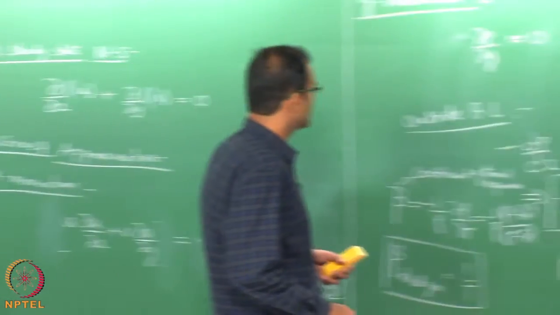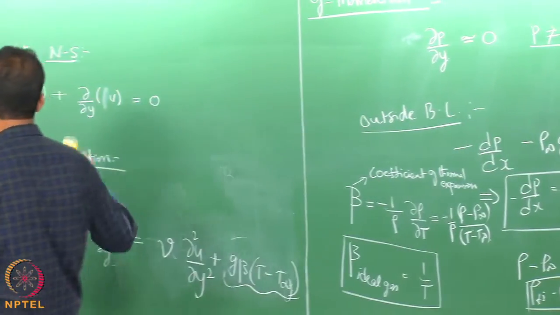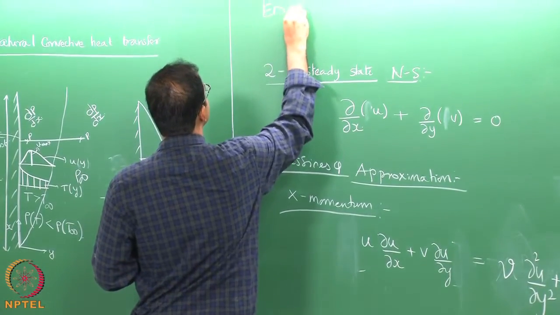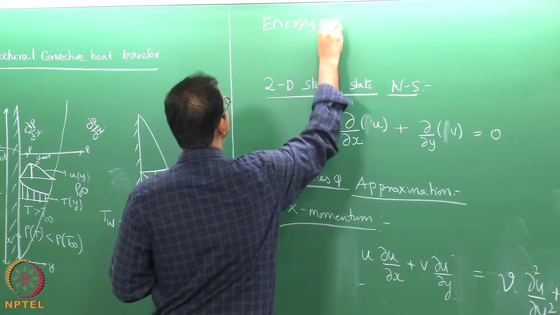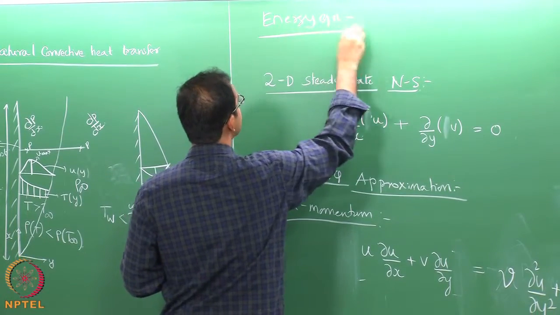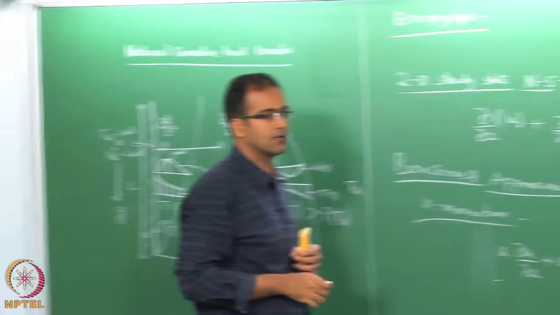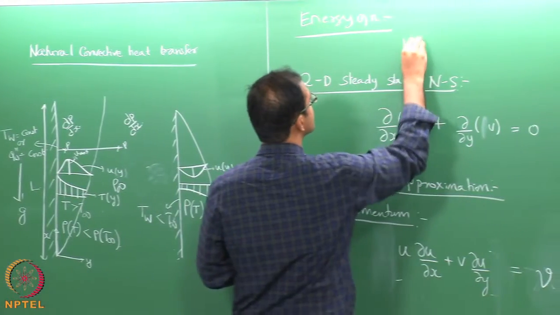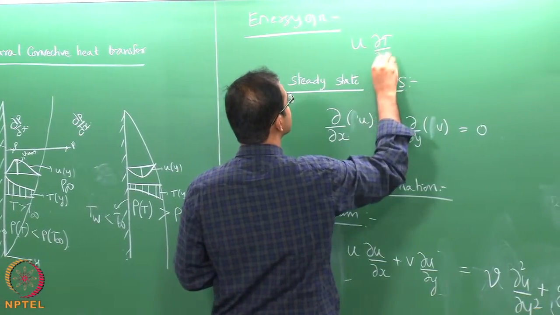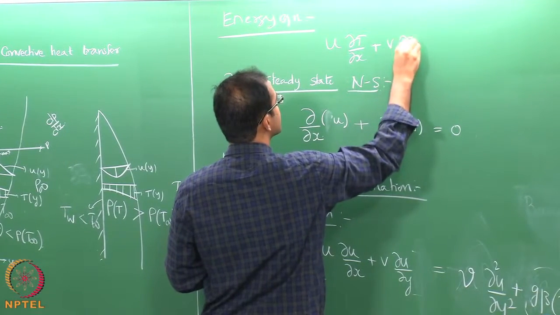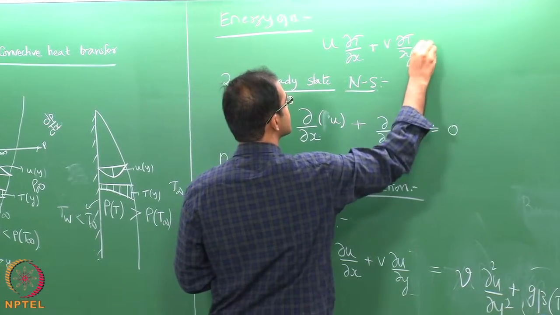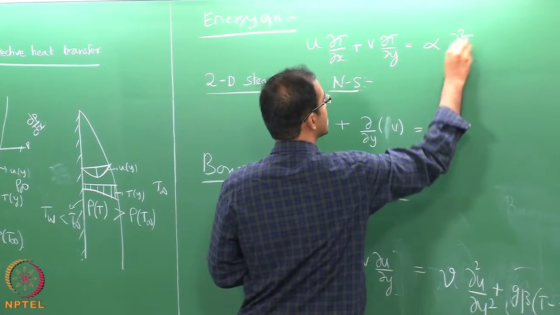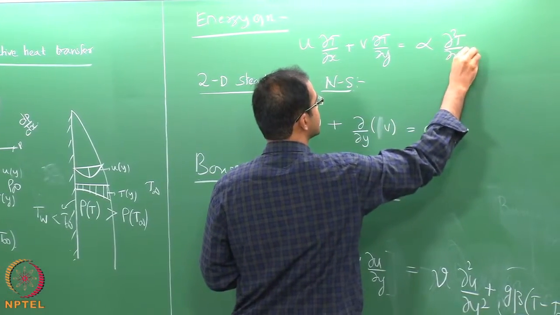So, now you can write down the energy equation also. How does the energy equation look? It will be no different from your external forced convection boundary layer equation, right. u dT by dx plus v dT by dy is equal to alpha into d square T by dy square.